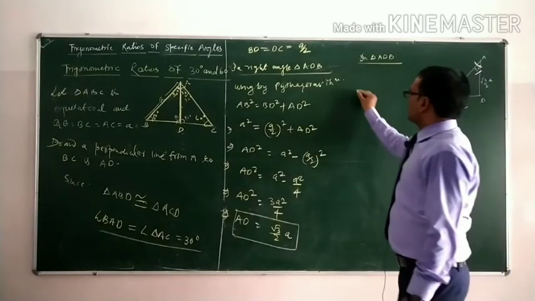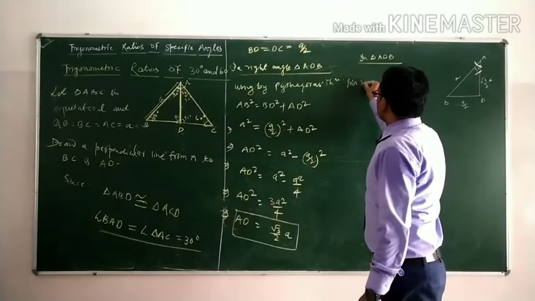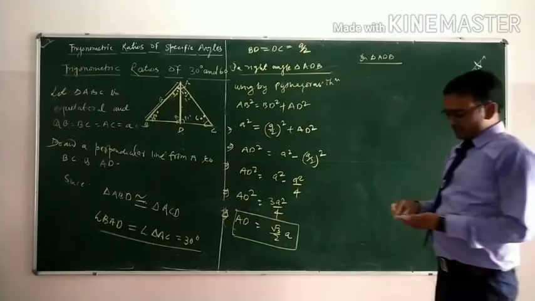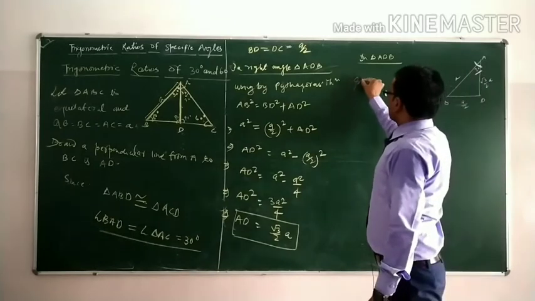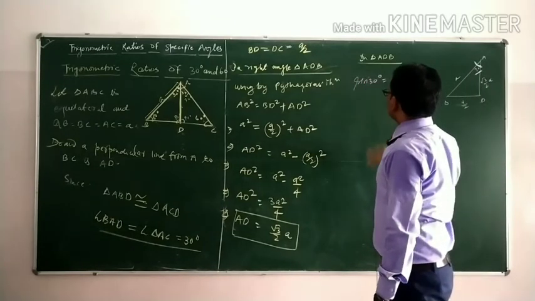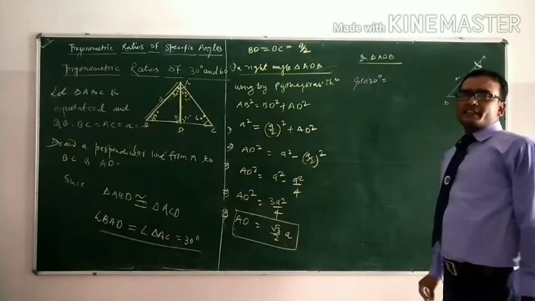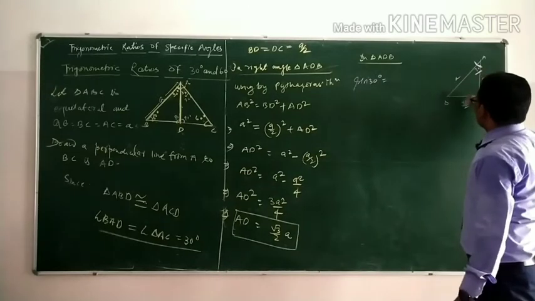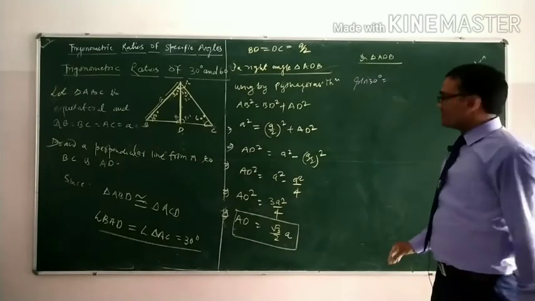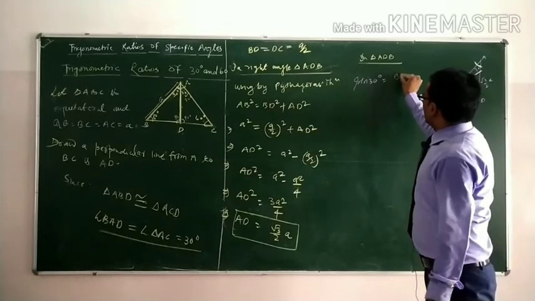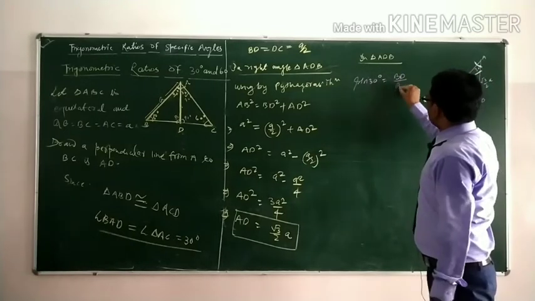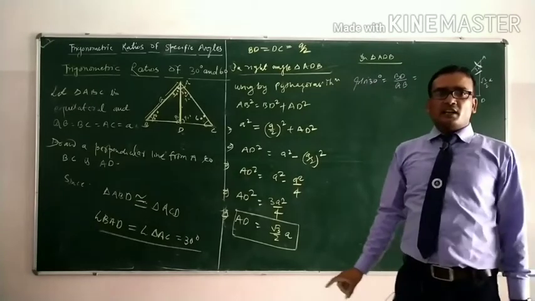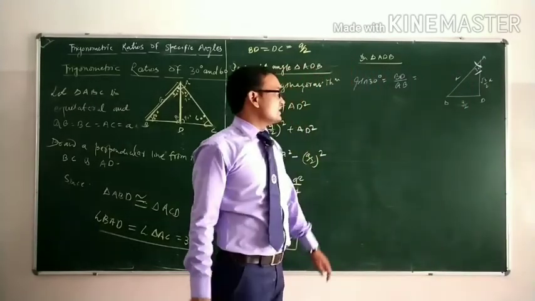For 30 degrees, sine 30 degrees is, students, sine is perpendicular side upon hypotenuse. That means BD upon AB. Okay students, sine theta is the perpendicular side upon hypotenuse.